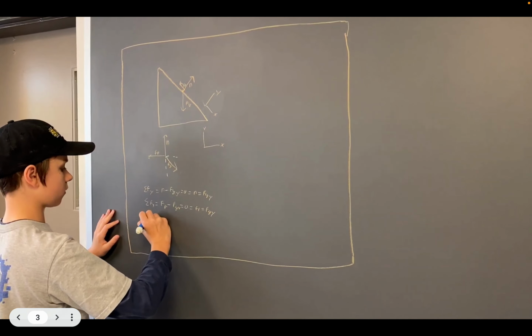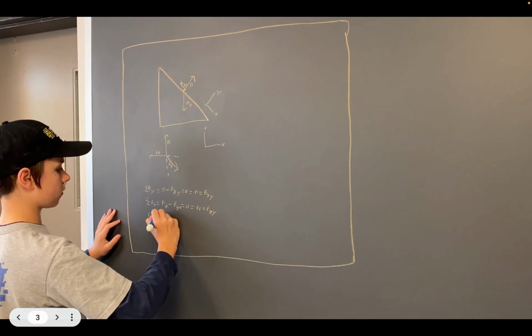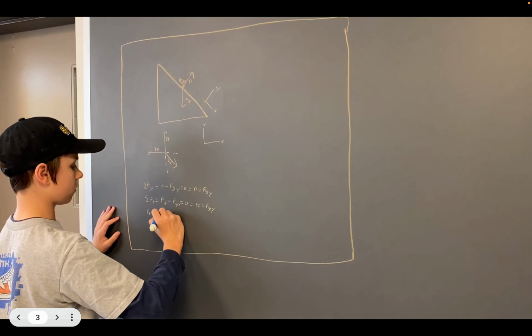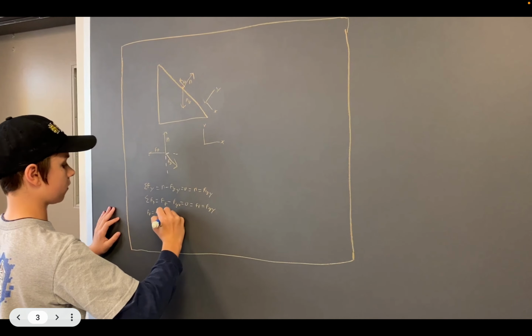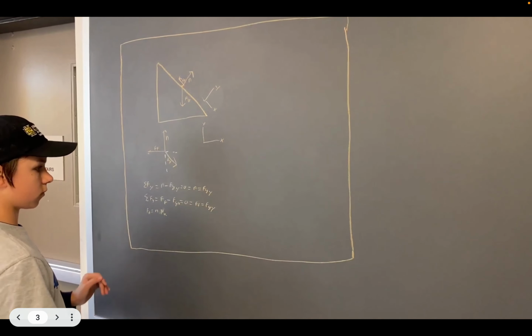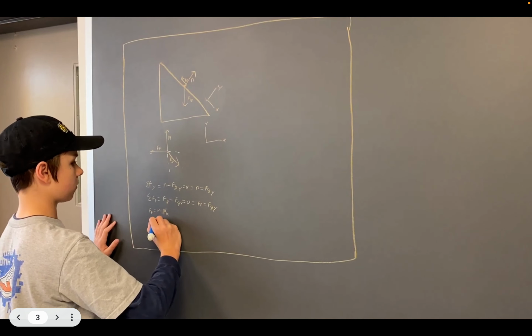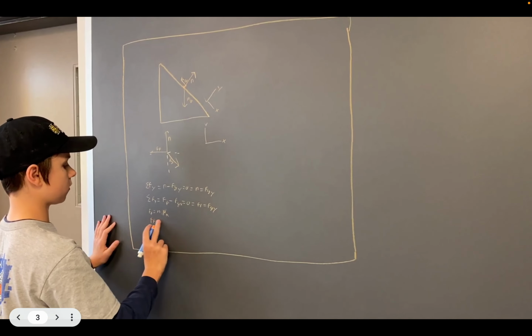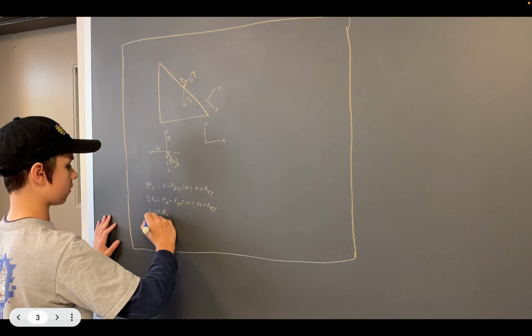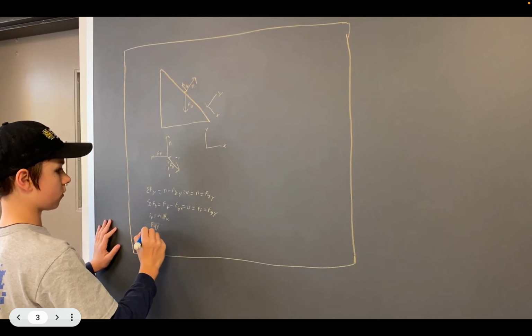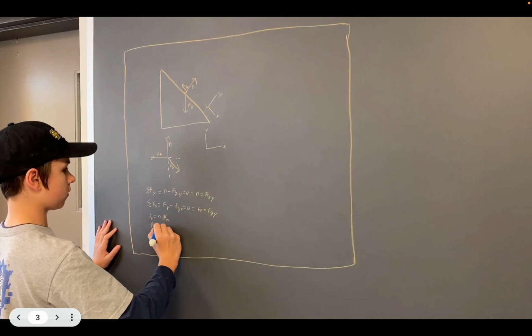Now we know that the force due to friction is equal to normal force times mu, or the coefficient of friction. Now, because we have that normal force is equal to Fgy, we can substitute that in there, as N is the force due to gravity in the y direction.